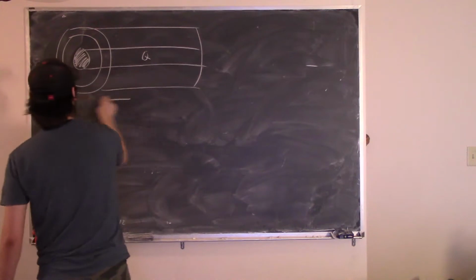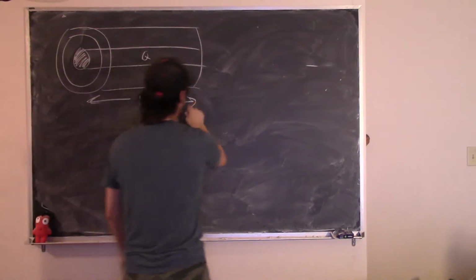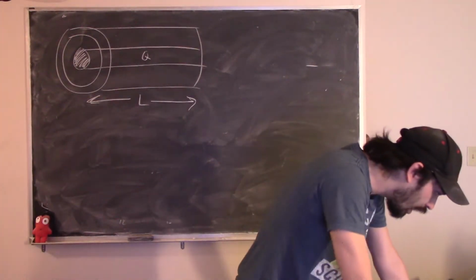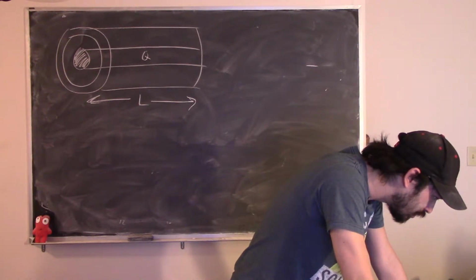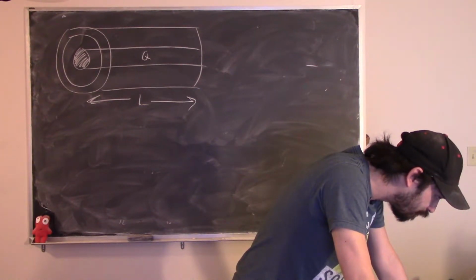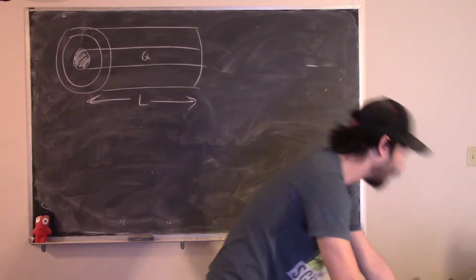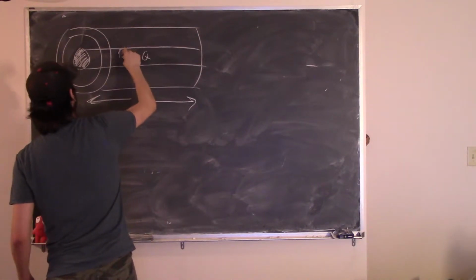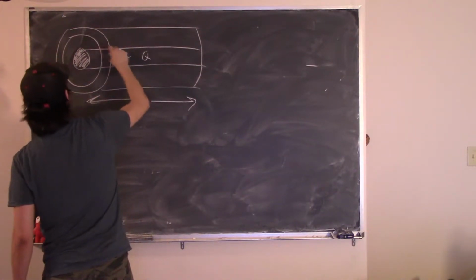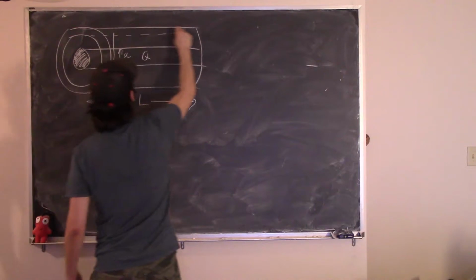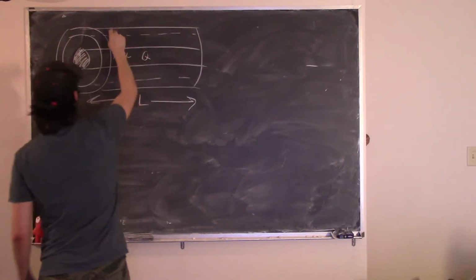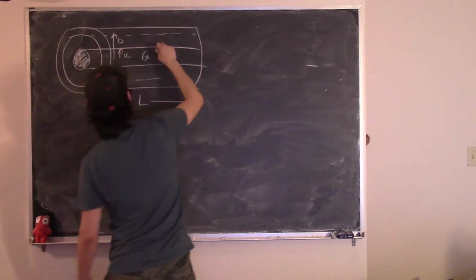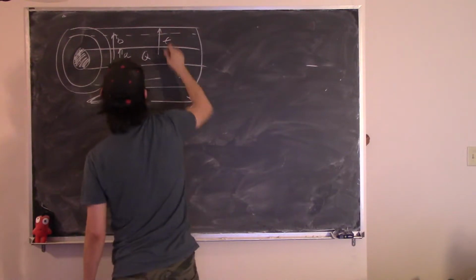This has some total length of L. And the radii that we have, because reasons, this is a radius of A. Let's do this here. So this is a radius of A. This is a radius of B. And again, because reasons, this is a radius of F.